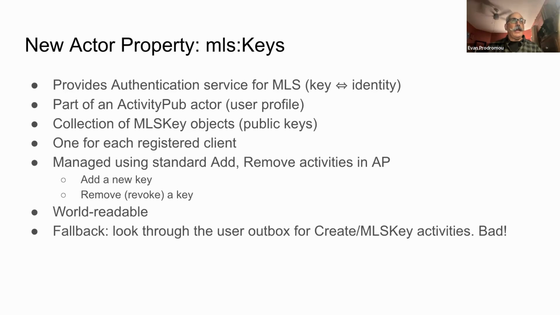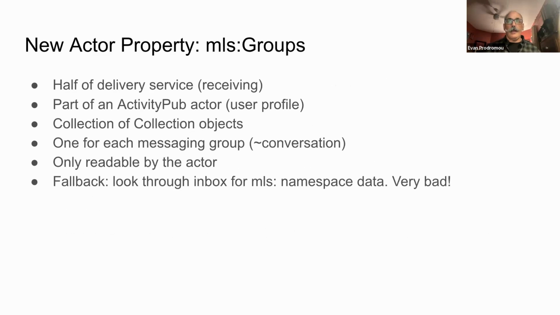And there are potential fallbacks to go to other data stores that are available for every ActivityPub server. I don't know if they're really that compelling because they take a lot of time and a lot of effort. If a server doesn't support this structure, it's probably not worthwhile to try and do a fallback.